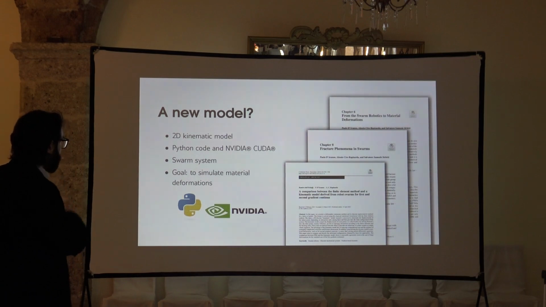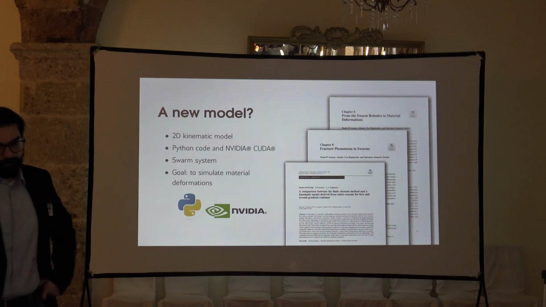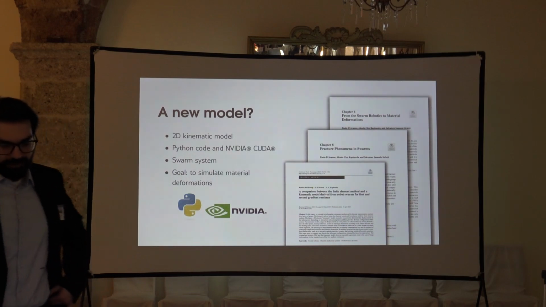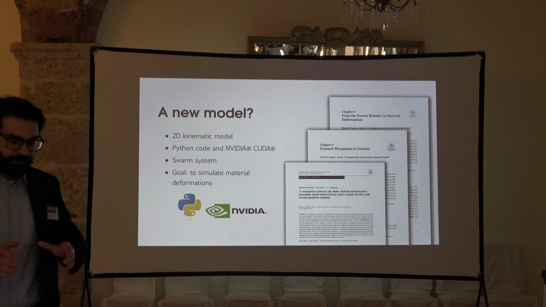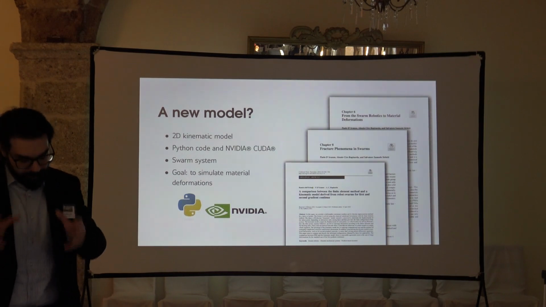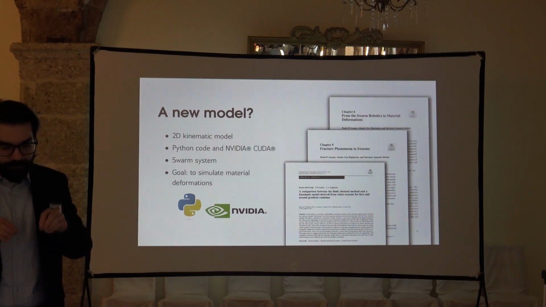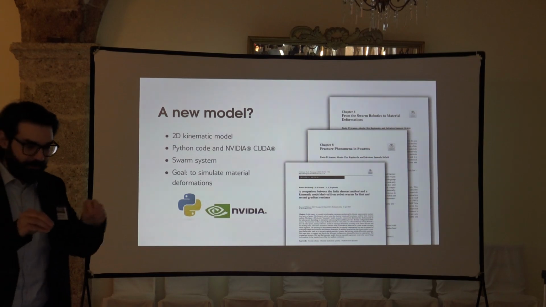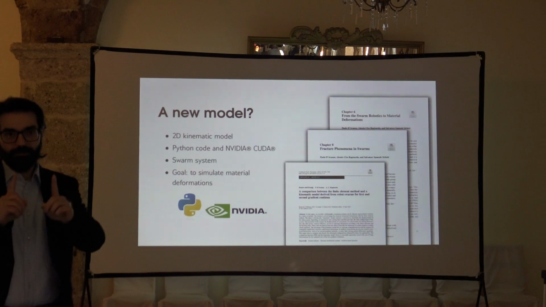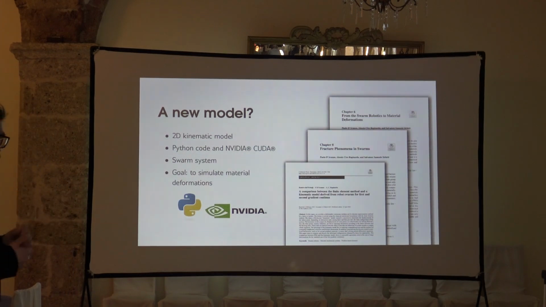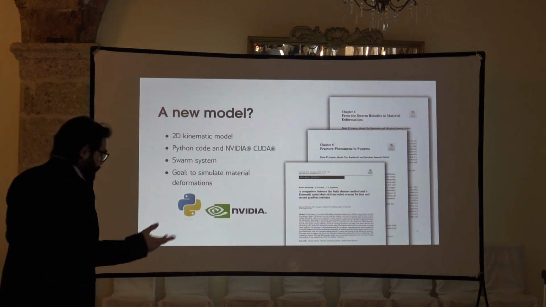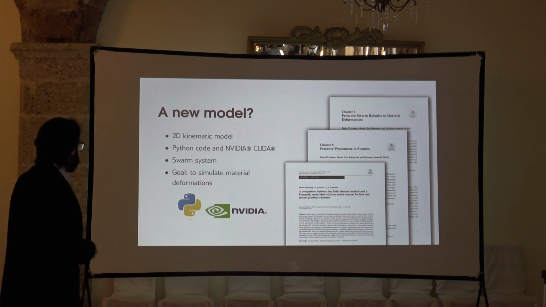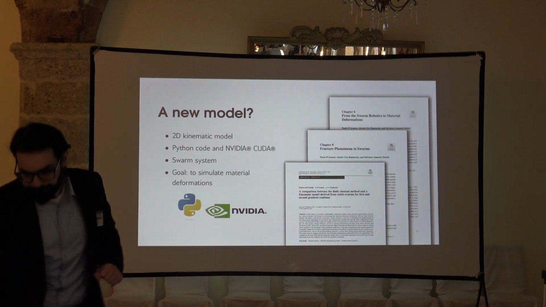We wrote the code in Python and use CUDA, which is a way to use the GPU, so we can use parallelization. That means that the algorithm does not evaluate the position of the points one at a time, but all at once, in one shot. Okay? It's fast. It's a swarm system, as I have told you, and the goal is to simulate material deformation.